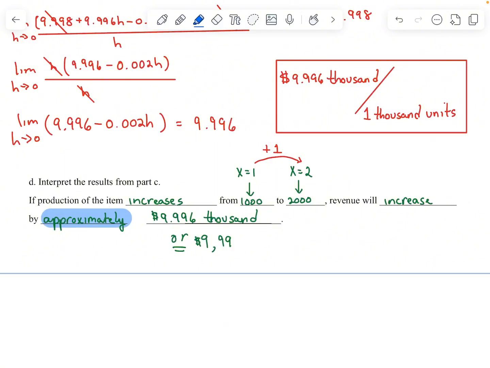We use the word approximately in this interpretation because we are trying to find an instantaneous rate of change. And when we have an instantaneous rate of change, we're only given 1 point. And when we're given 1 point, we can only find the approximate change in the function when we add 1 unit to the given point. And we are done.